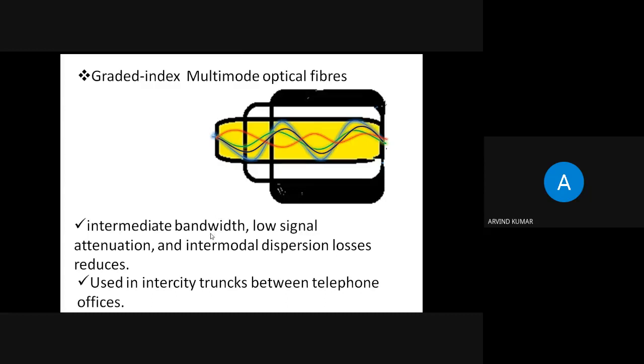You can say that it has intermediate bandwidth, low signal attenuation, and intermodal dispersion losses are reduced significantly in this case. This type of fiber is used for installing fiber networks in the intercity trunk. So this is regarding the classification.